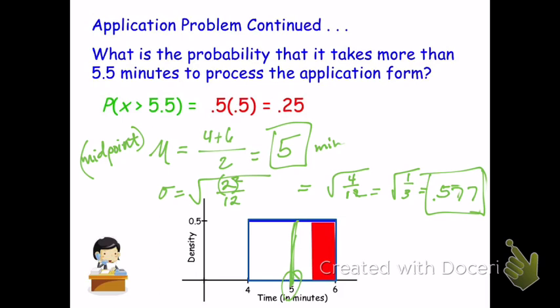So, a couple things to remember on a uniform distribution: your mean is always your midpoint, and your height can be calculated by doing 1 over the range.